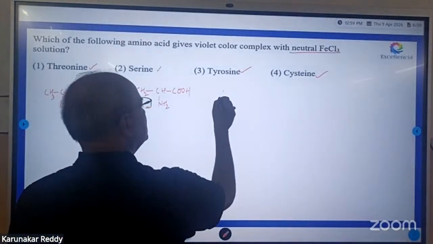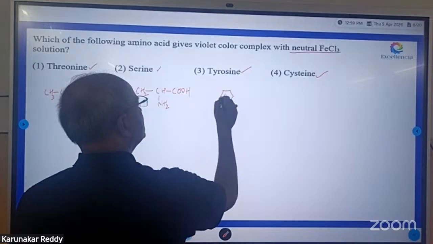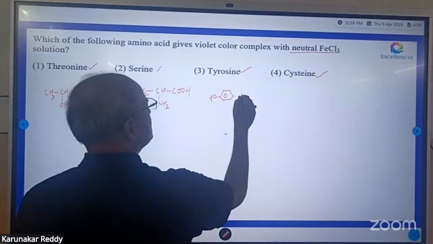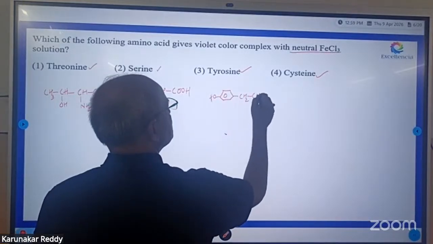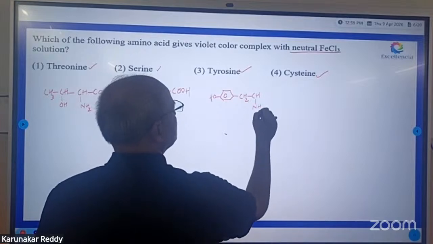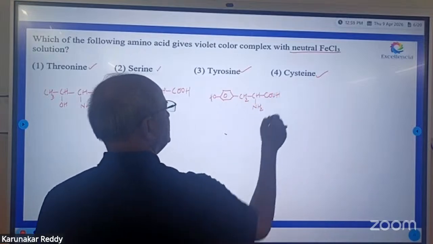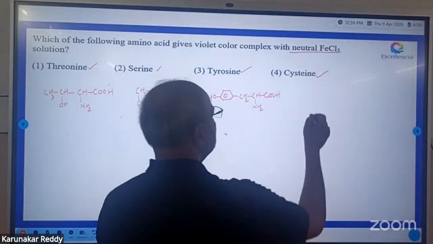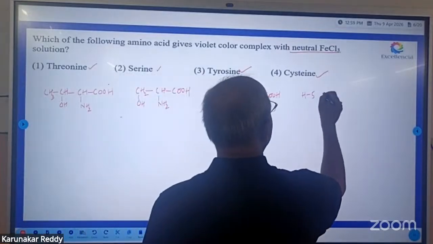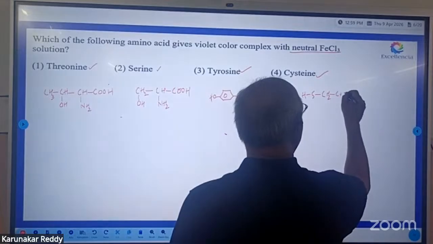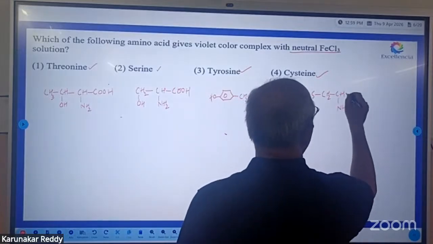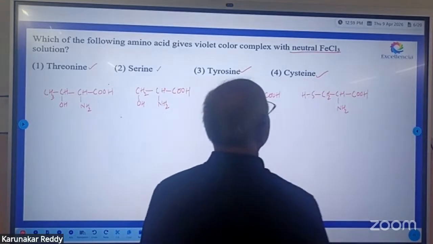Tyrosine is an aromatic alpha amino acid. Its structure is this one, CH2 CH NH2 COOH. Cysteine is a sulfur containing amino acid. The structure is like this, R CH NH2 COOH.